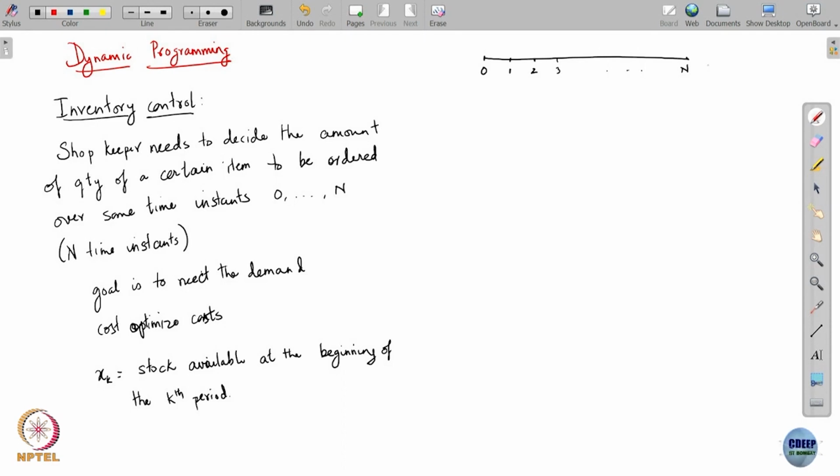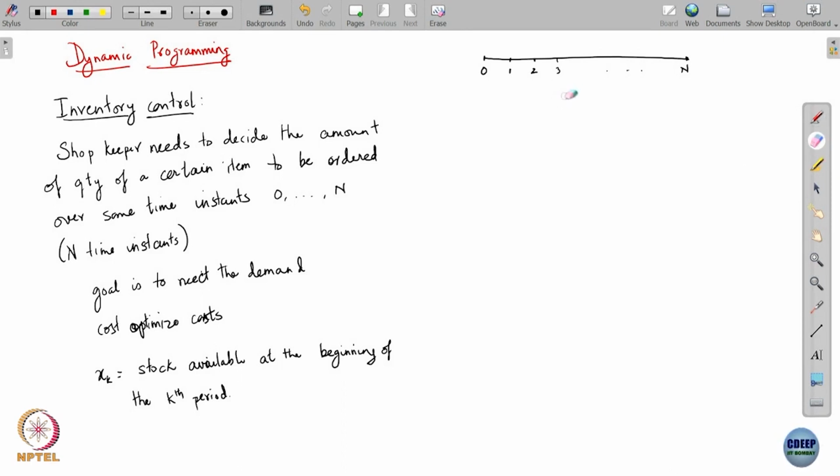So, we have to develop a convention about when exactly we are keeping track of the state, or the stock available to us. Our convention is going to be that we will keep track of the stock available at the beginning of the kth period. So, when we are talking of stock x3, it is going to be at the beginning of period 3. This is a convention that we will adopt.